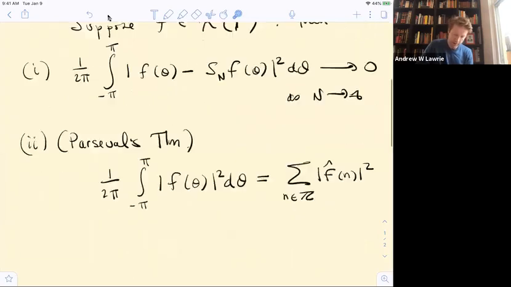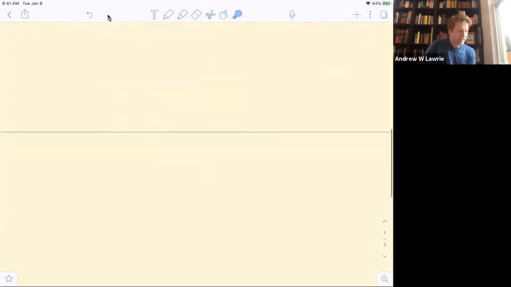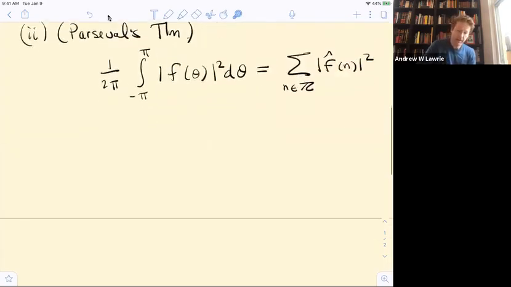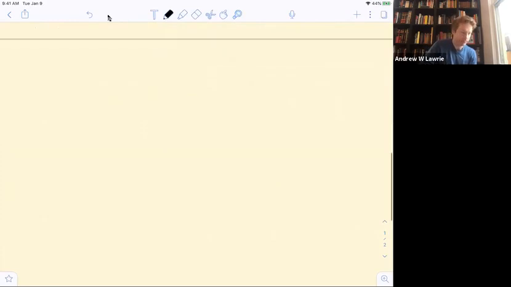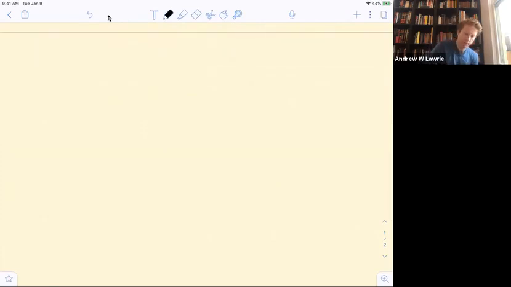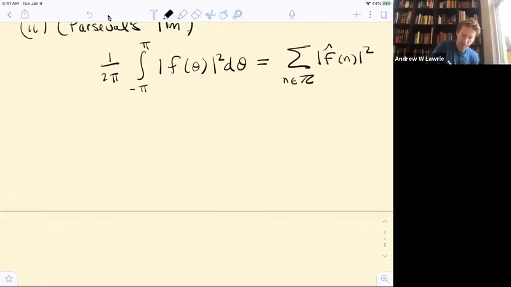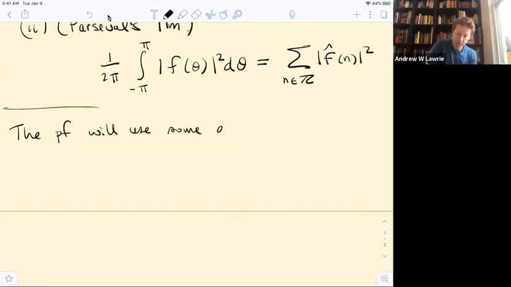L2. So we're going to take a step back before we answer the question. The proof will use some abstract theory of inner product spaces.